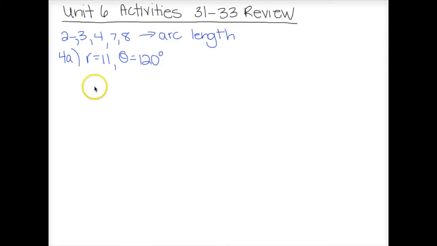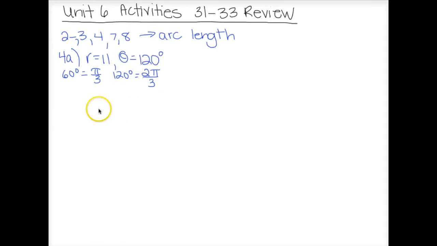You should know, because it's on the chart that you have to memorize, that 60 degrees is pi over 3 in radians, which means that 120 degrees has to be double that. So 120 degrees, if you don't have it memorized, is 2 pi over 3. That is the angle of rotation in radians.